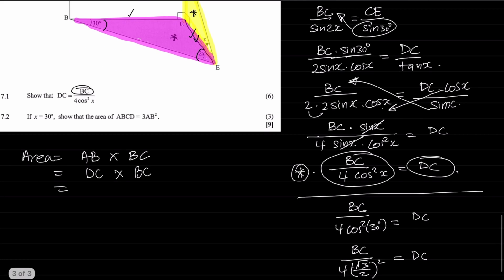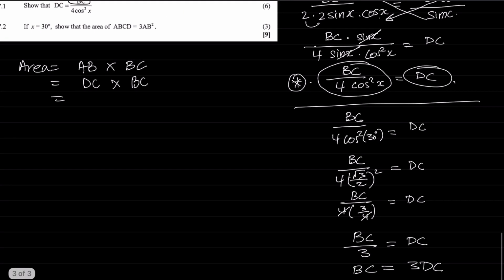Okay, now we know, do we need to use that? No, we want AB. Let's just keep AB. Right? So we say DC is equal to AB. Right? If DC is equal to AB, that means 3DC is going to be 3AB.